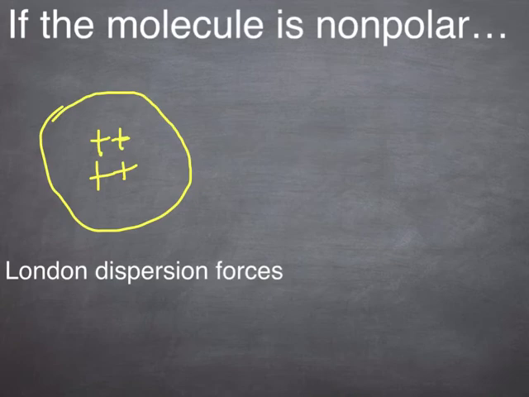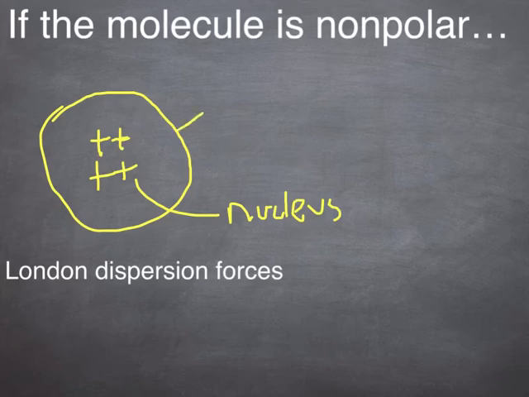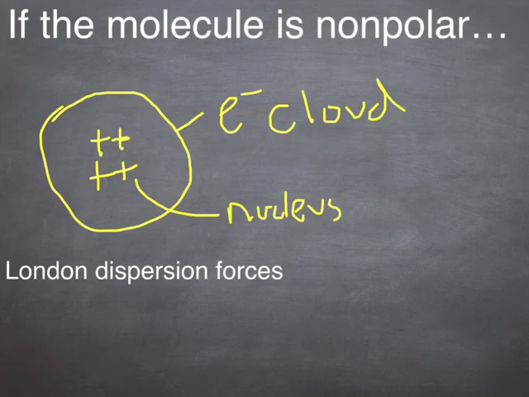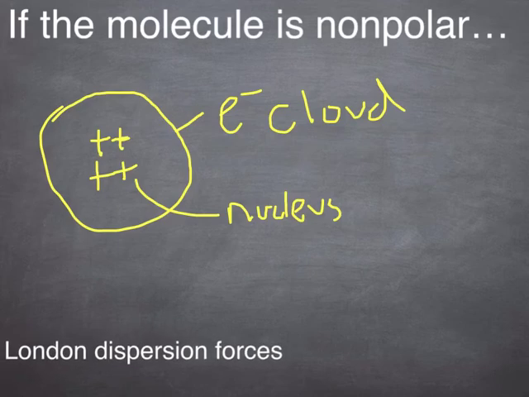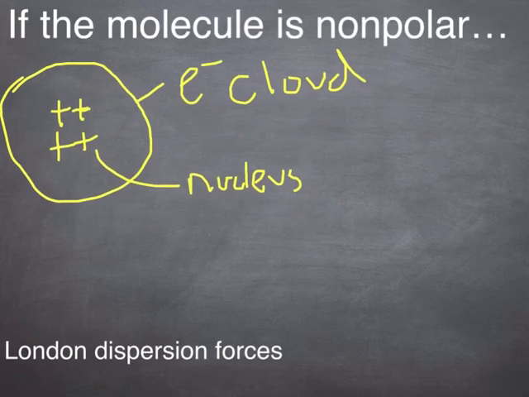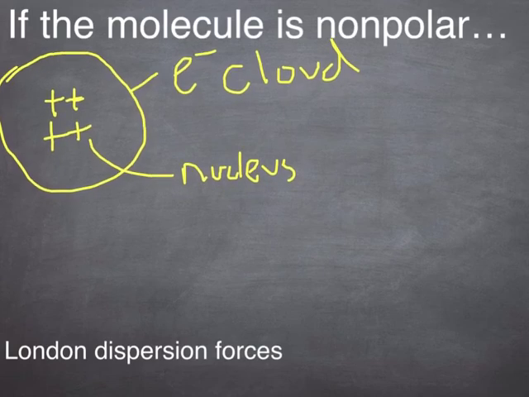Okay, so in this picture, this is the nucleus with the positive charges, and this is the electron cloud. Okay, I'm just going to move this around a second here. Move those over here. London dispersion forces. Okay, so this is my first picture. I'm going to move that up here so it's a little bit more out of the way.